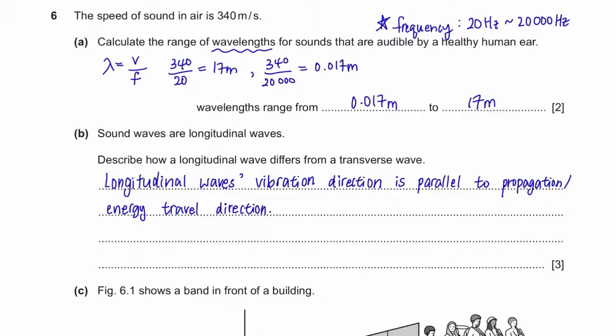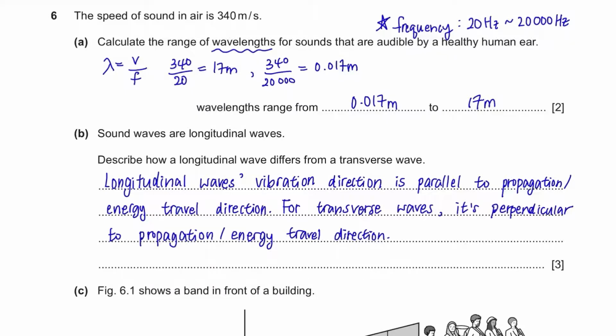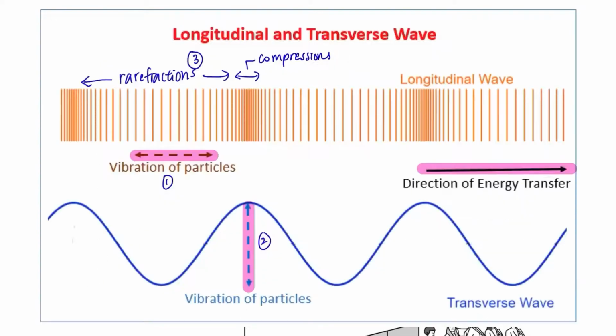But for transverse waves, their vibration direction is perpendicular to propagation or the energy travel direction. Also, longitudinal waves consist of rarefactions and compressions. You need all 3 points for a full mark.